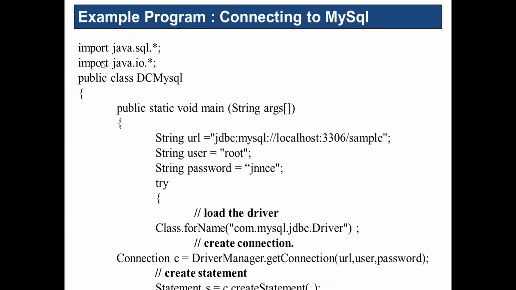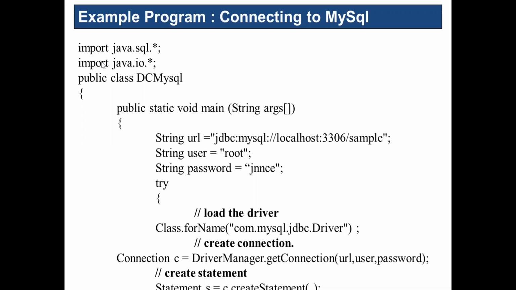Then we have to create the connection to the database using the DriverManager. I create a connection variable C equal to DriverManager.getConnection of URL, username and password, so that I connect to the MySQL database.